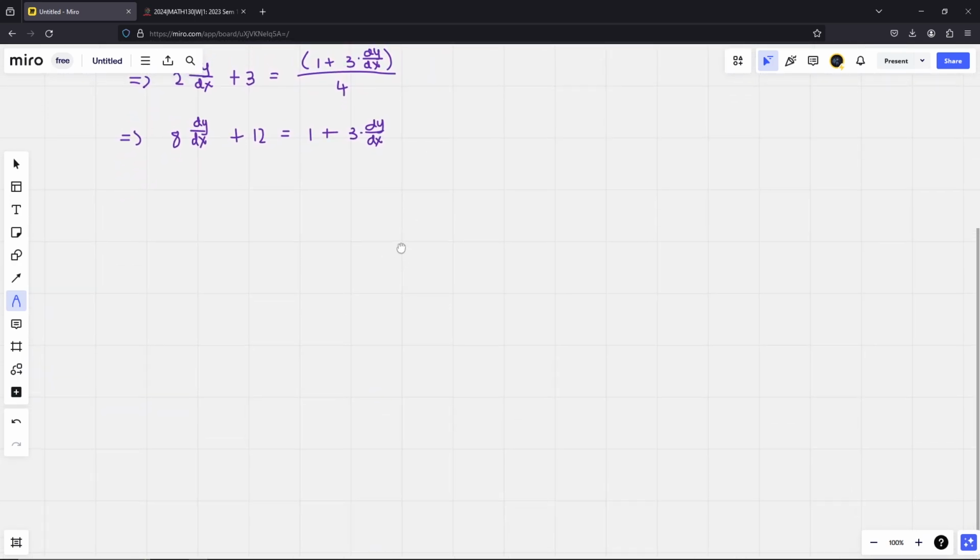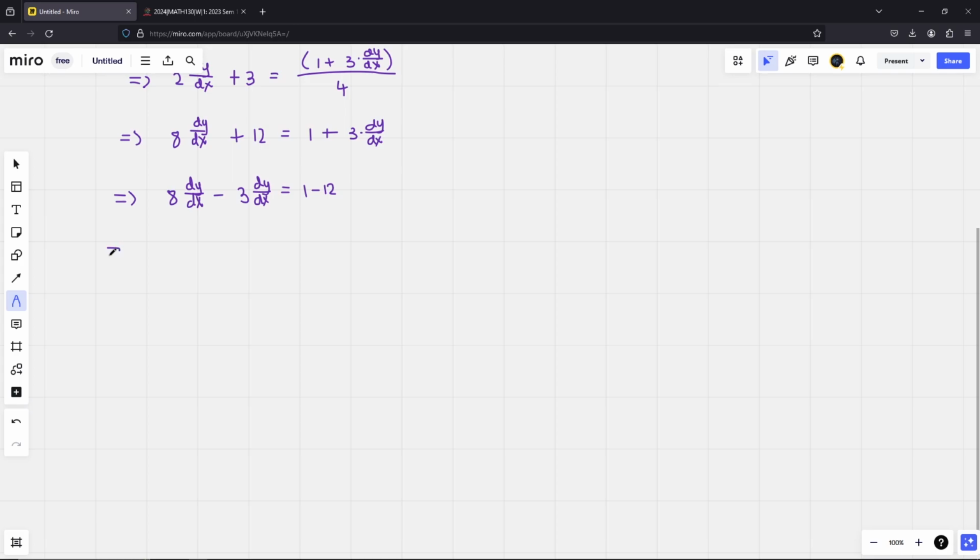Okay, so solving for dy by dx, I can say, well, 8 dy by dx, and I'm going to move this 3 to the left hand side, and that's going to become a minus 3 dy by dx, and I'm going to move this 12 to the right hand side, so that's going to be 1 minus 12.